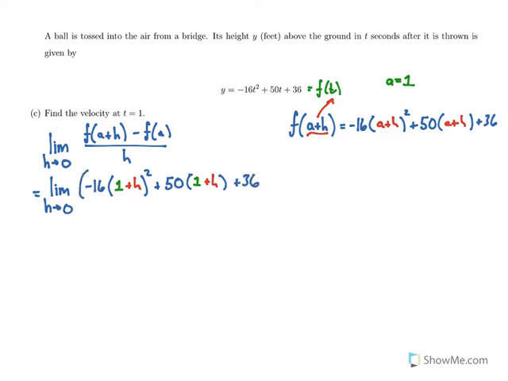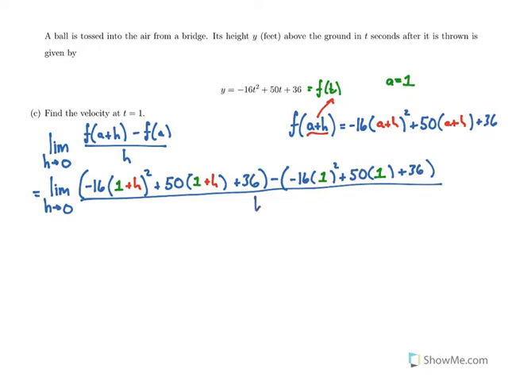That whole thing is f of a plus h. And then we're going to subtract off f of a, which is negative 16, plug in 1 for t, plus 50, plug in 1, plus 36, all over the quantity h.